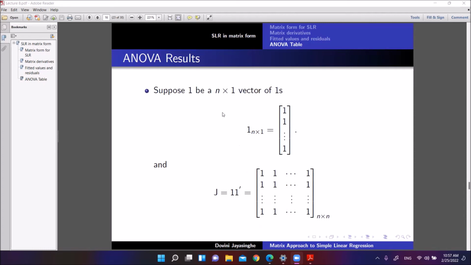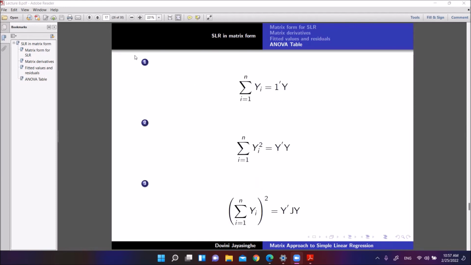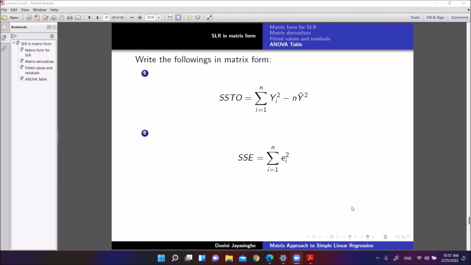That's all what you want. If you want to know this slide, take a screenshot. And then work on this. Just find this one first. I'll give you time.